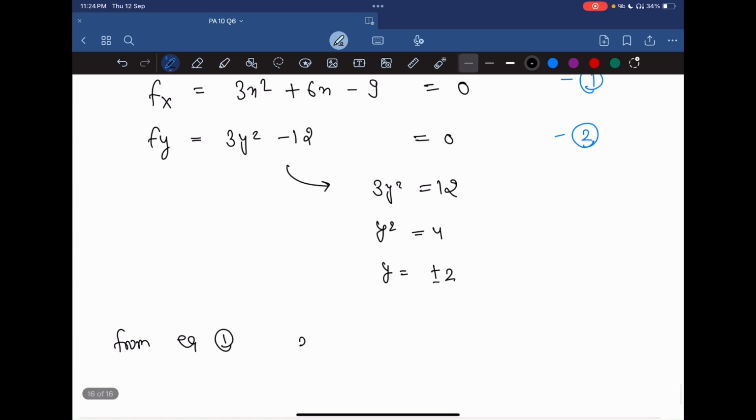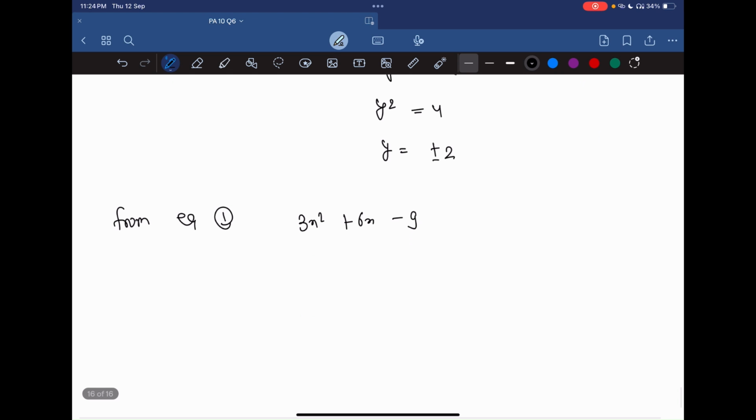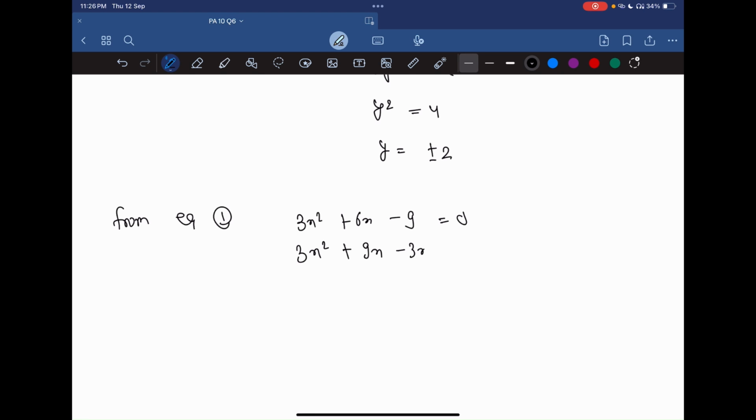And from equation 1, what we have is 3x square plus 6x minus 9 equal to 0. And if we solve this, we'll get x to be 1 and minus 3.